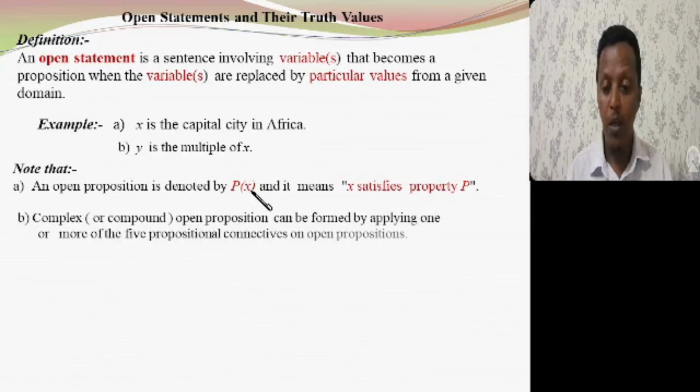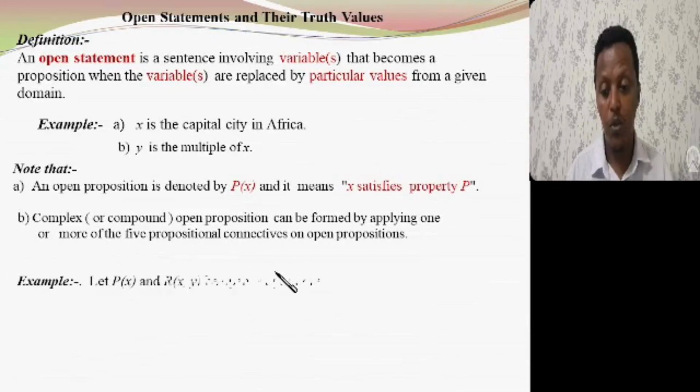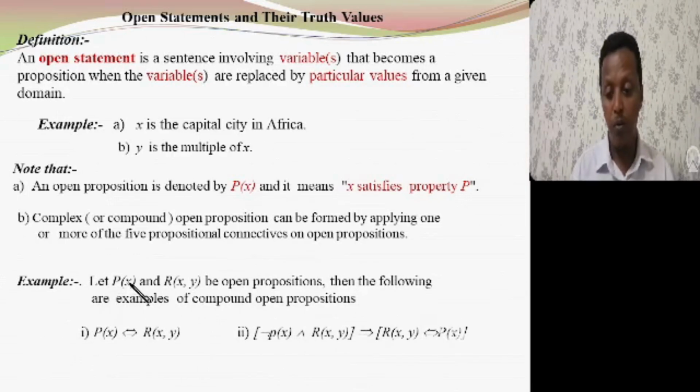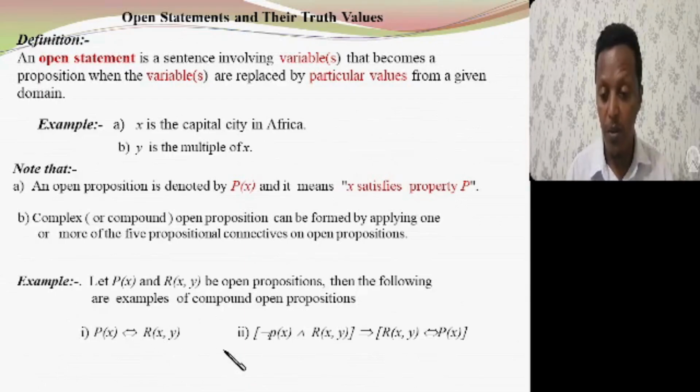And when we combine two or more open propositions based on propositional connectives, we will get a compound or a complex proposition. For example, considering P of x, an open statement with variable x, and R of x,y, an open statement with two variables x,y. When we combine these two based on logical connectives, the resulting statement, we call it a compound open statement or complex open statement. This is also important.